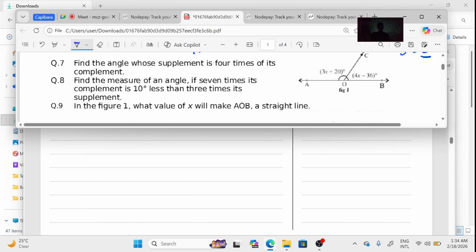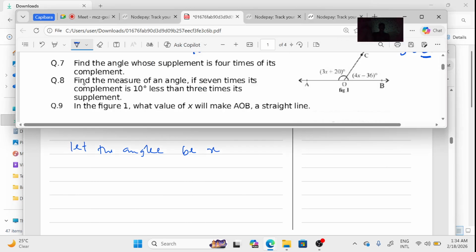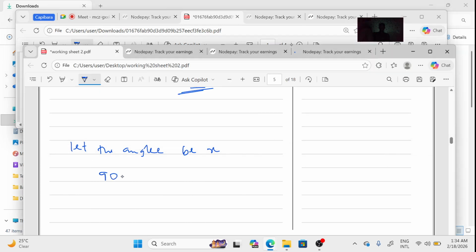Okay, so look at it now. Find the measure of an angle if 7 times its complement. So let the angle be x. If the angle is x, the complement of x is 90 minus x. Are you there with me?